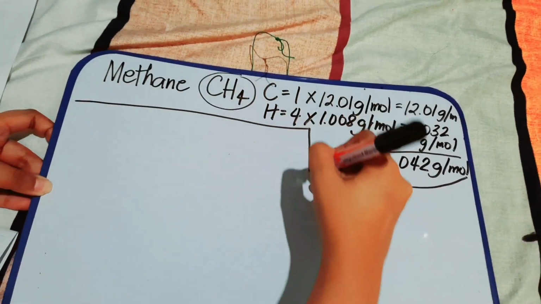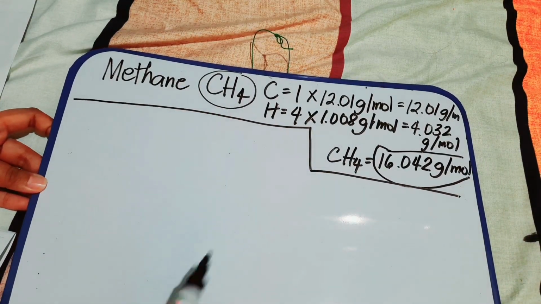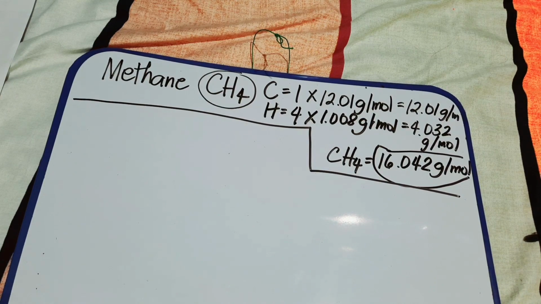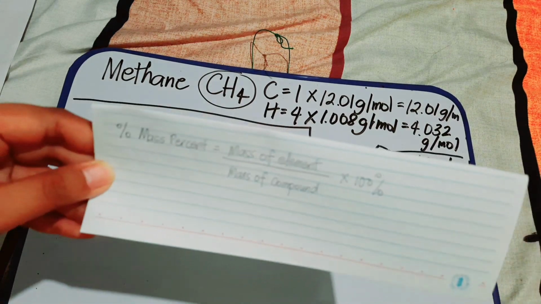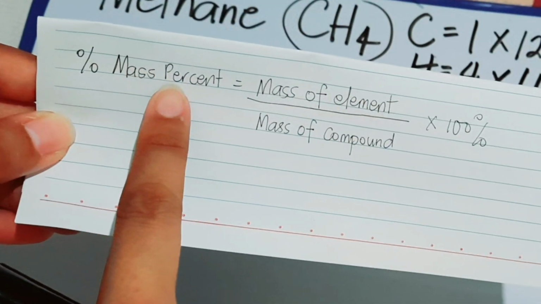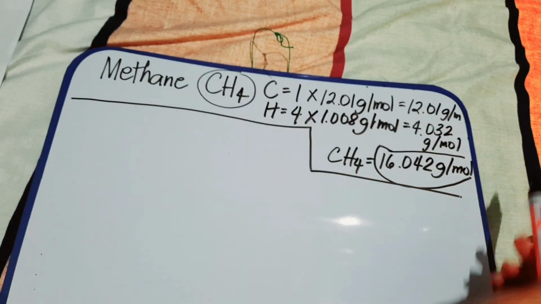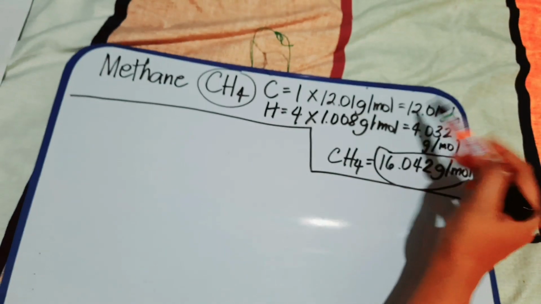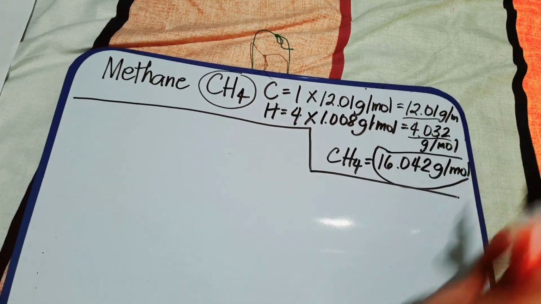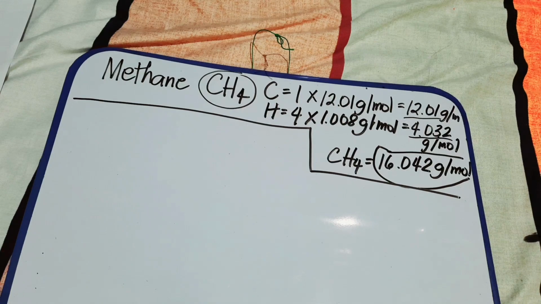So, now, this is the time that we can get the percent mass of carbon and the percent mass of hydrogen. Ano nga ulit yung formula natin? Okay. So, ito, we have mass percent is equal to mass of the element over mass of compound. So, kaya kinakailangan na ito muna yung kuhanin natin kasi kakailanganin natin yan para makompute natin yung percent ng carbon at percent ng hydrogen.